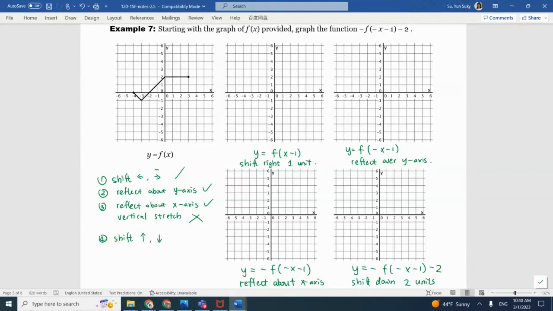Now, let's draw it. Here, how many key points? 4. So they are, wait, what's the coordinate of this point? -4, 0. Okay. And how about the next point? -3, -1. Next point. 0, 2.